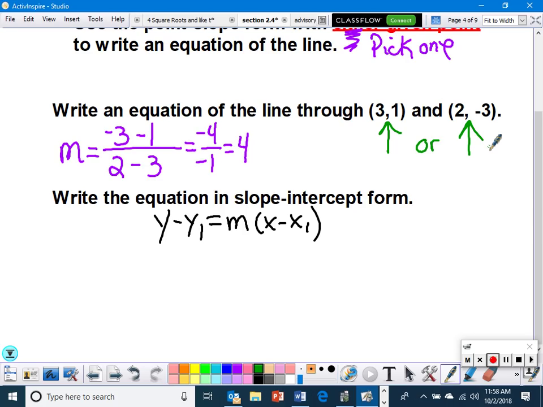So the y and the minus sign are going to remain, and then the y1 I'm going to replace with the 1. The slope is the 4 that I just found. The x is going to stay there, and then minus, and then my x value is going to be the 3.